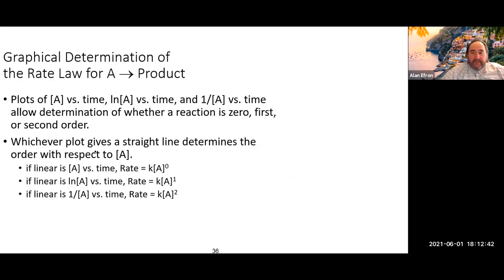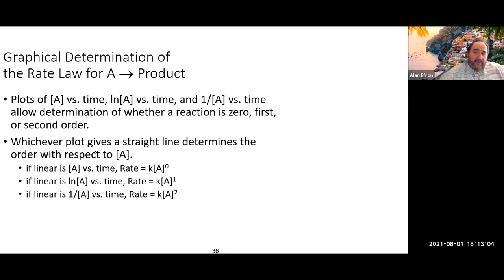Okay, obviously we talked about the graphs that are associated with these. So in addition to having different types of equations for first, zero, or second order, there's also those different graphs. And that's a very common way in kinetics experiments to figure out the order of a reaction, to actually do each of those graphs.